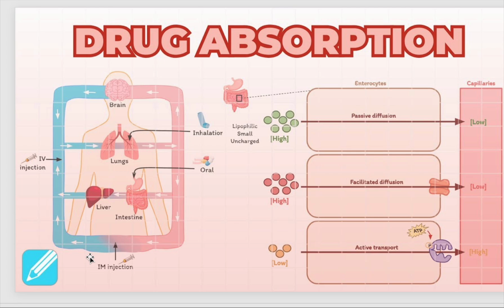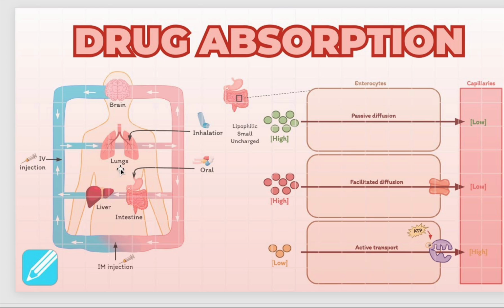Uncharged forms are better absorbed and distributed as compared to charged ones, because once they have charge they become polar, and it becomes difficult for the lipid bilayer to pass the charged particles through it.